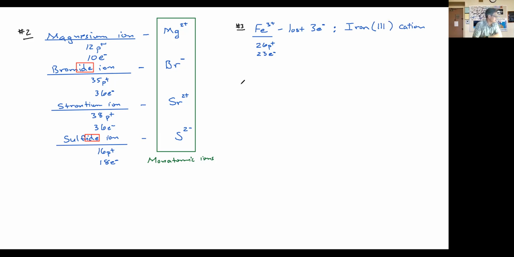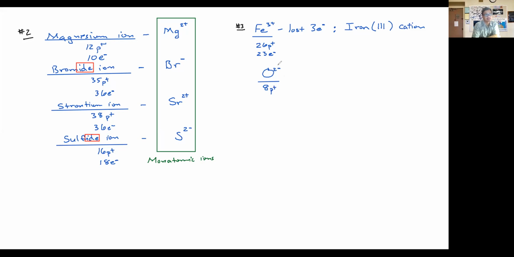Let's do the same thing for the next one. This is O2 minus, so this is an anion, based off the oxygen atom. The oxygen atom has 8 protons. For neutral, elemental oxygen, we expect 8 electrons as well.